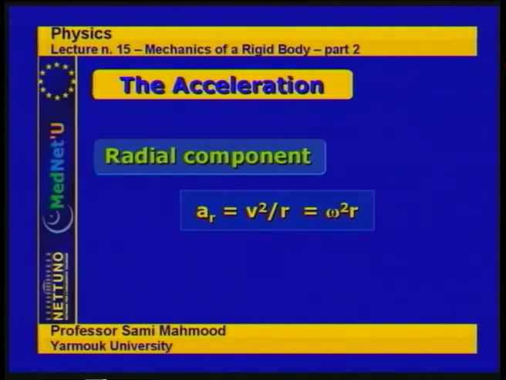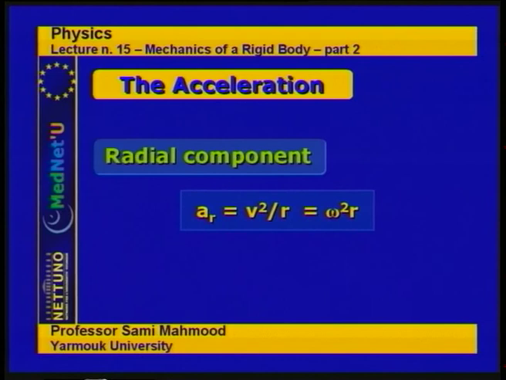And again, v here is vt, because the particle is going around a circle, so it has only one component of velocity, which is tangential. So whether we write it v sub t or v, it's the same thing as far as we are considering circular motion. So a sub r is equal to v square over r.